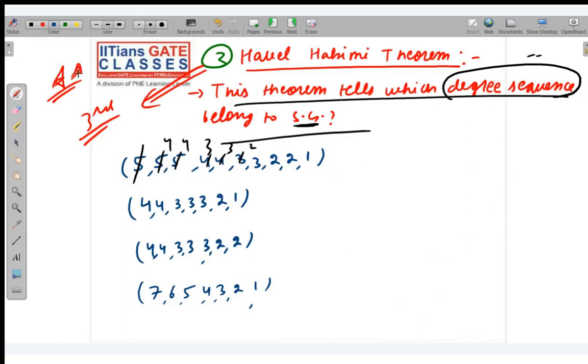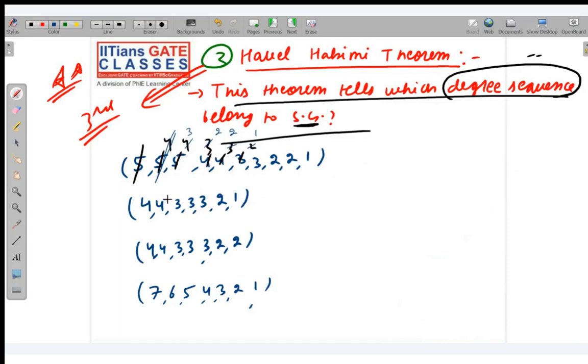Let me take another color. I will cut this 4 and subtract 1 from these 4. So 3, 2. Oops, sorry. Okay. So what we were doing with 4: it will become 3, then 2, then 2 and then 1. Are you getting it?